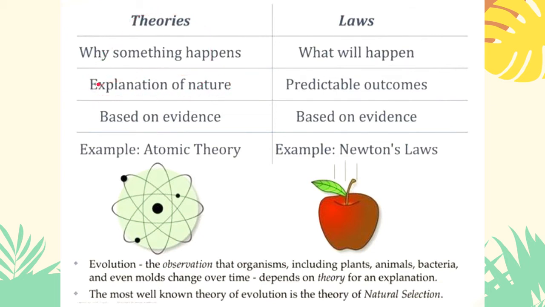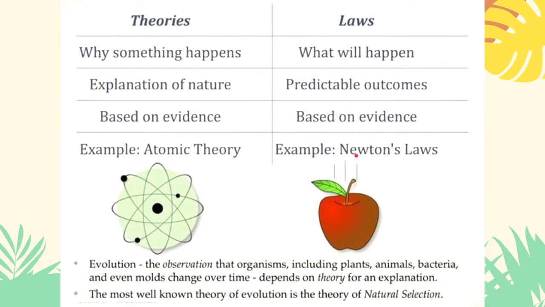They are explanations as to why something happens, and it is based on a lot of supporting evidence. Sometimes those evidence can be revised or altered, but most of the evidence that are still standing strong are good support to the theories. Examples of that will be atomic theory and evolution theory and all that.